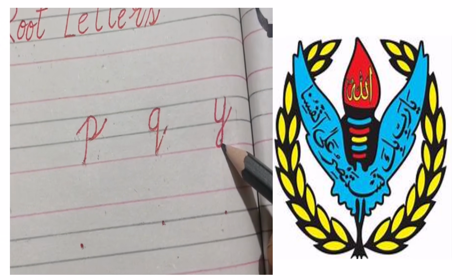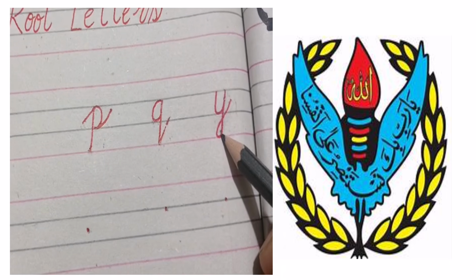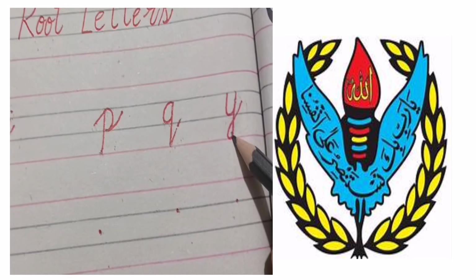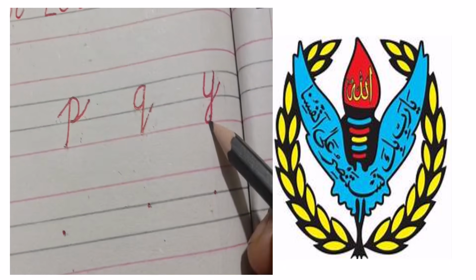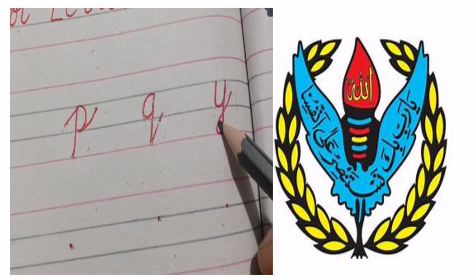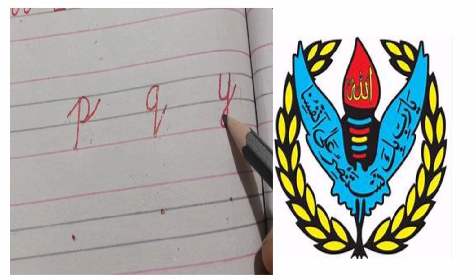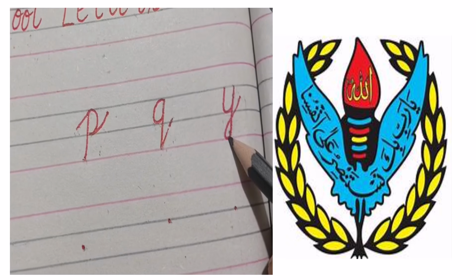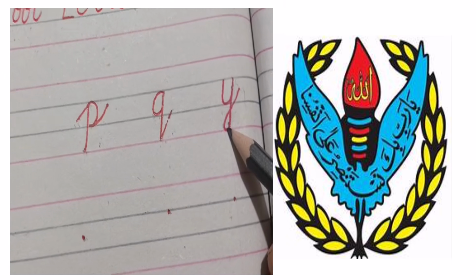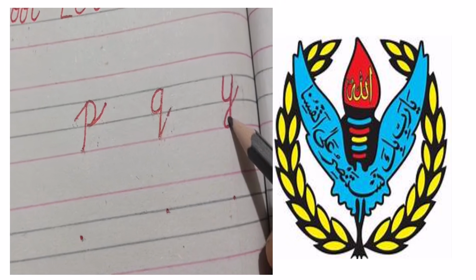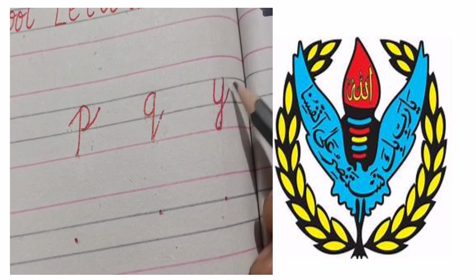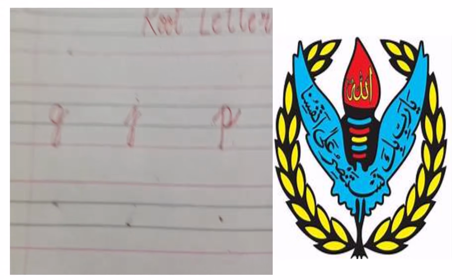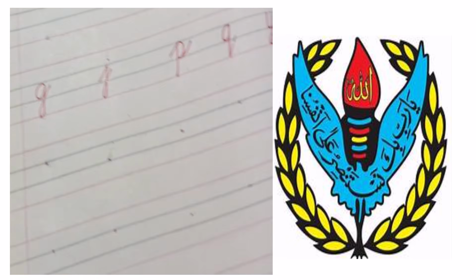This is the root. Make a small loop and come back up. This is the loop. And touch the root line and make a small loop and make a small tail in the grass line like this. Okay? You have to write the full page.